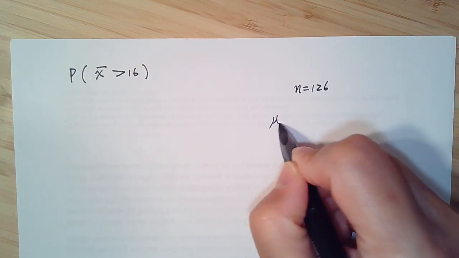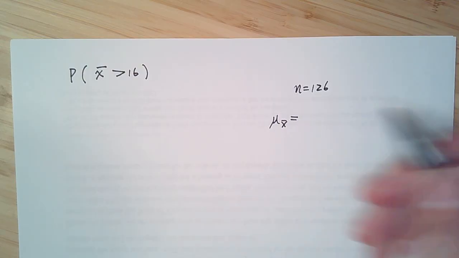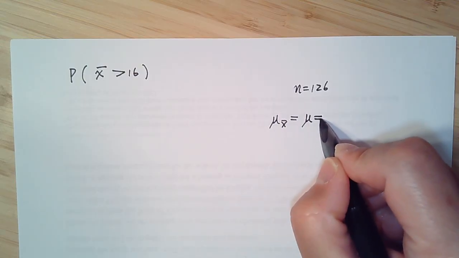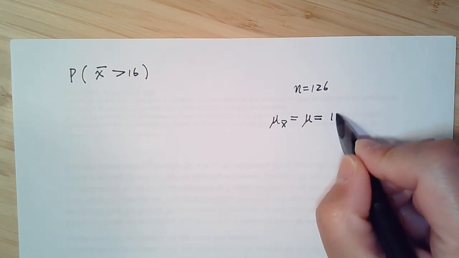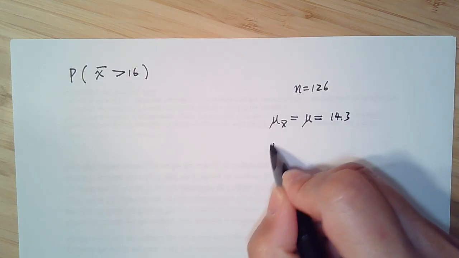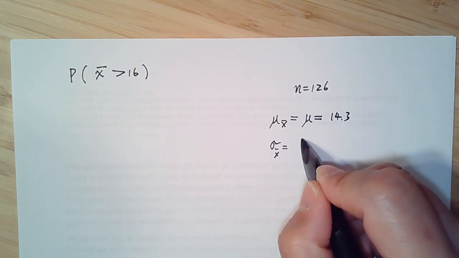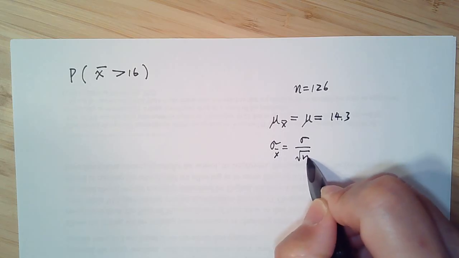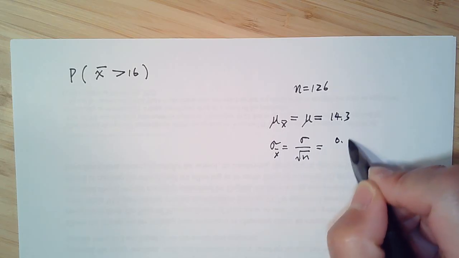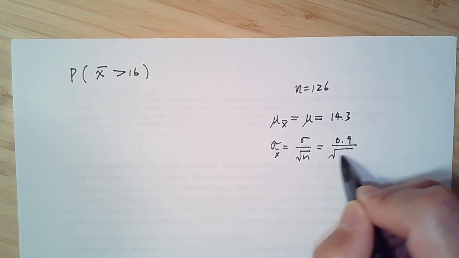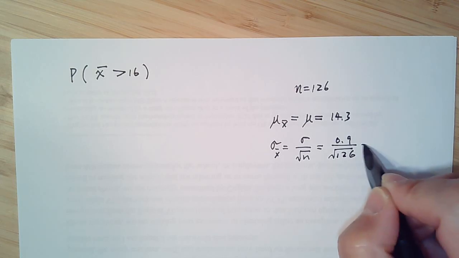So mu of X bar, we need to find the sampling distribution, which is the same as mu, 14.3. Standard deviation of X bar is the standard deviation over square root of n, which is 0.9 divided by the square root of 126.